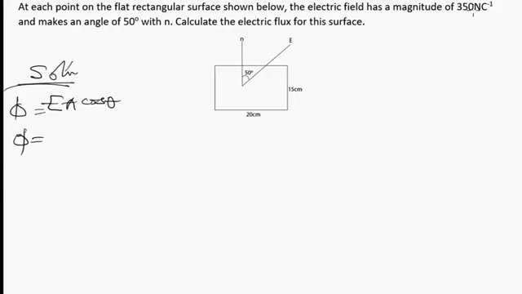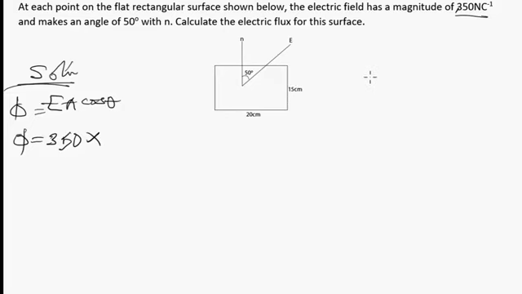So what's the electric field from the question? 350 newtons per coulomb. So we're going to multiply 350 newtons per coulomb times the area. Now notice that we have 20 cm and 15 cm, and we want our area to be in meters.